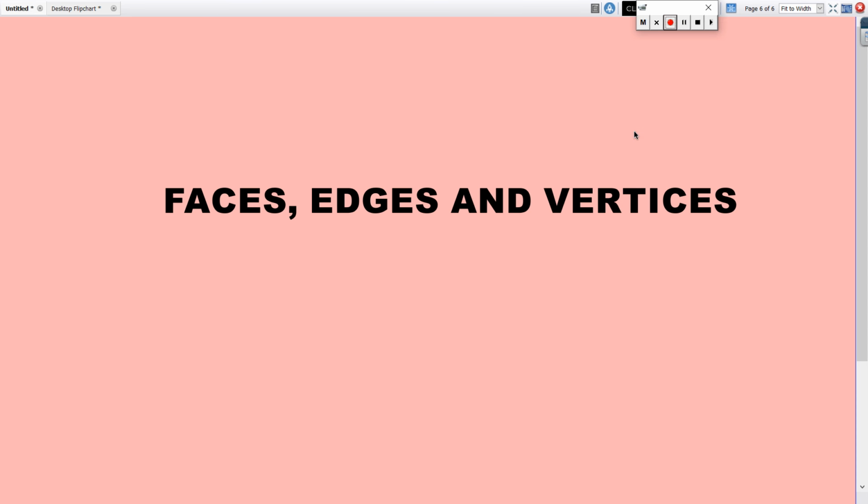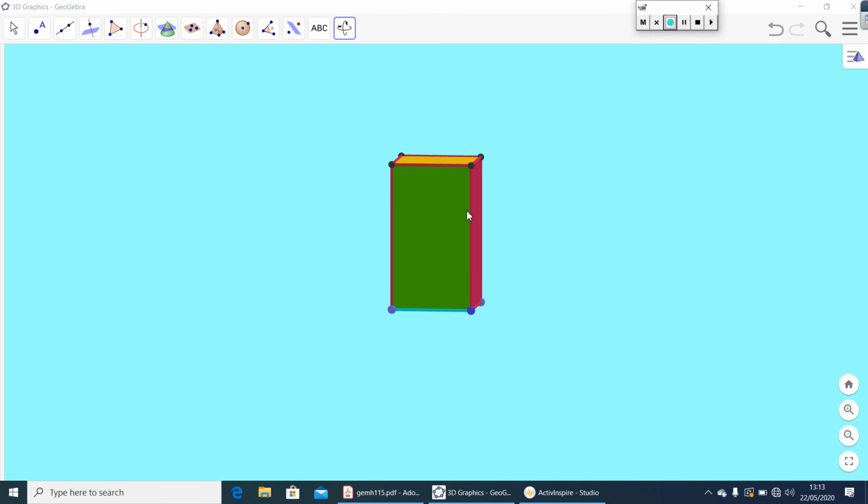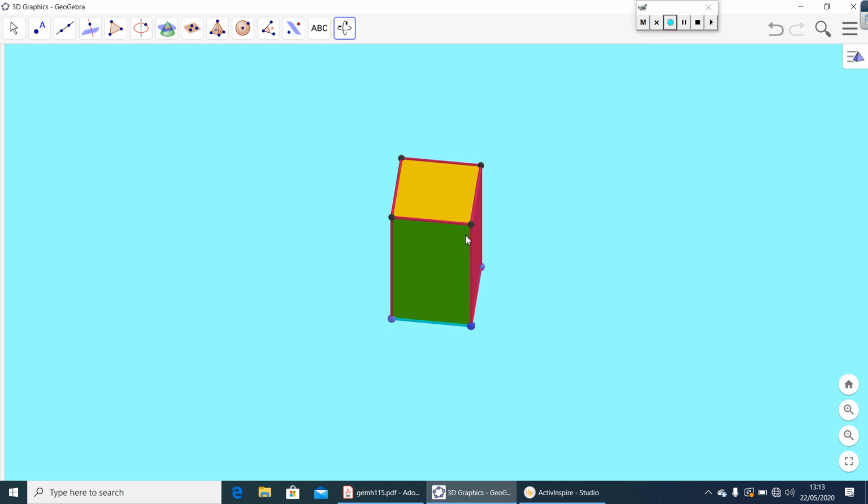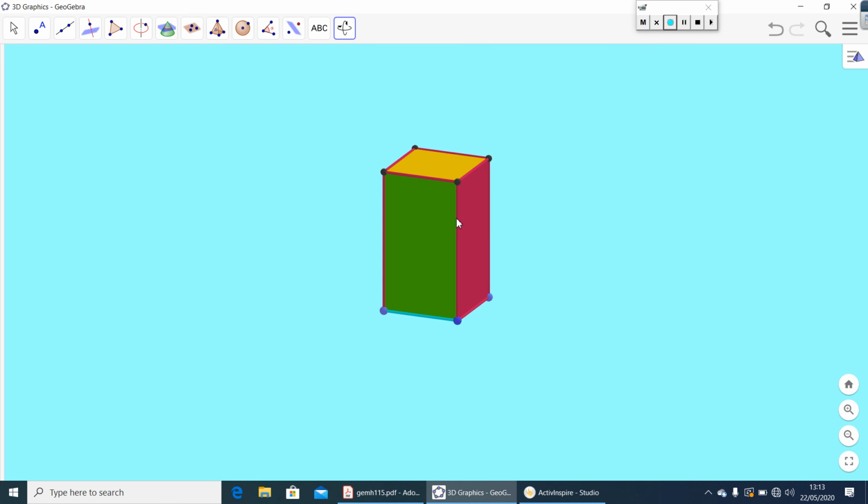Now, look at the faces, edges and vertices of solids. Let me take a cuboid. Here you have a cuboid. Now, how many corners are there for this cuboid?